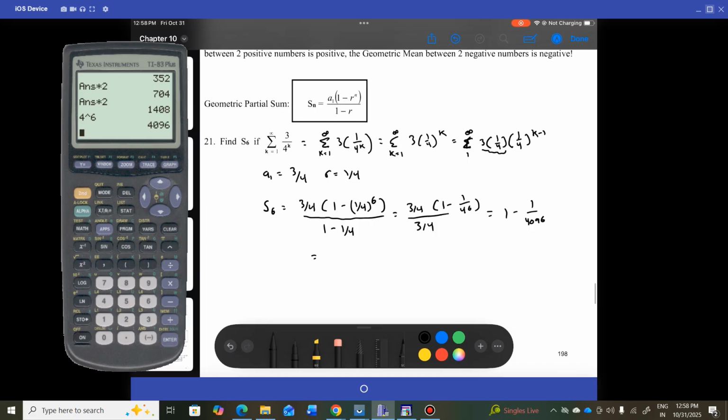And so this will find our common denominator. So 4096 over 4096, that's your 1, minus 1/4096 is 4095 over 4096. Which as a decimal is going to be really close to 1, about 0.9998.